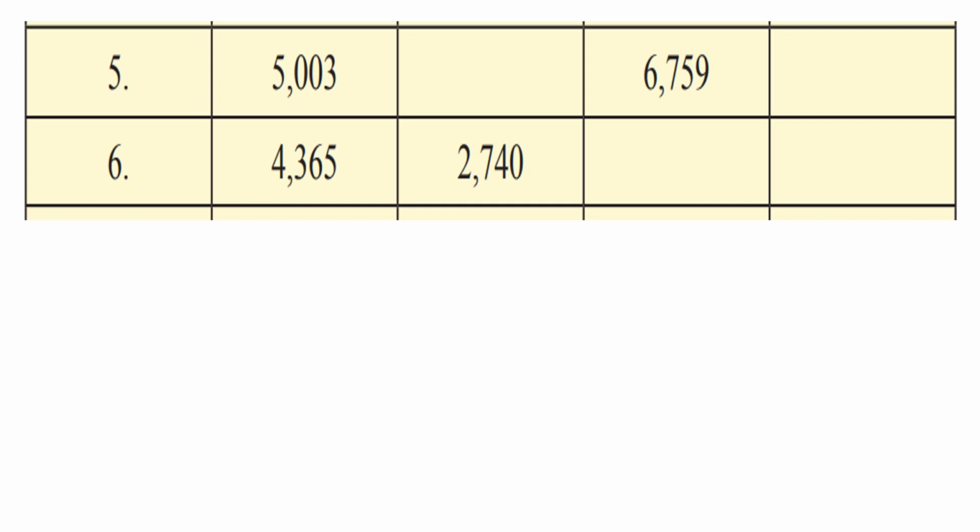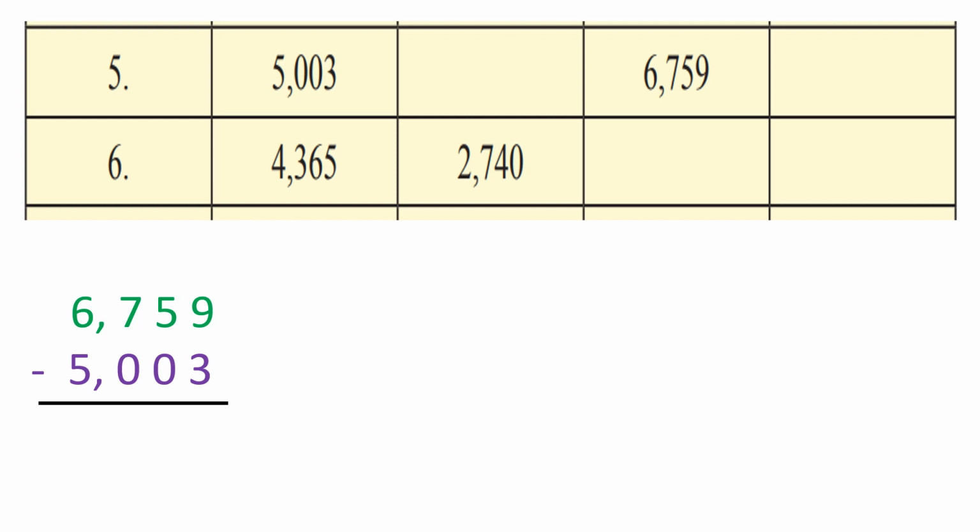Number 5. You have the first number is 5,003, and then you have the sum of 6,759. Then how to get the second number? To get the second number, you subtract 6,759 minus 5,003.